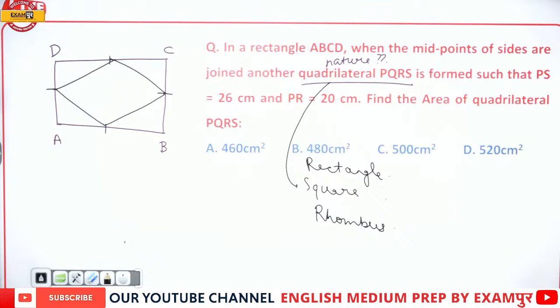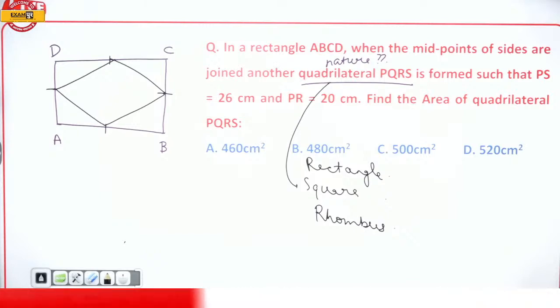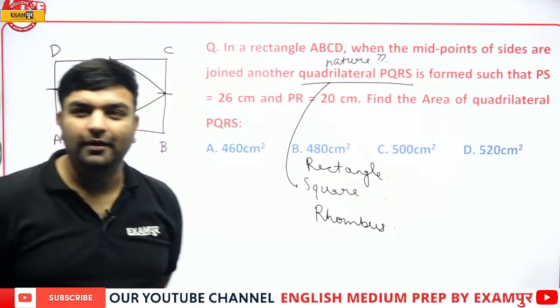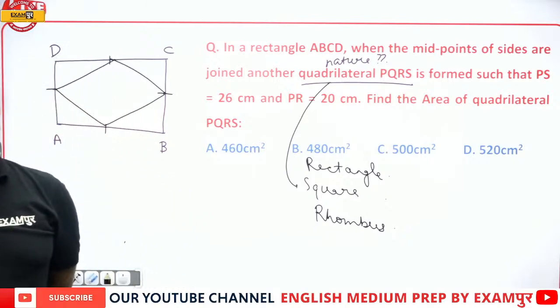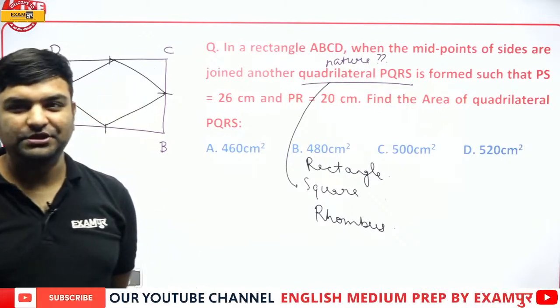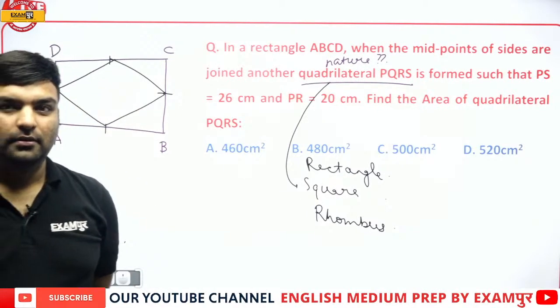It's a square, okay? Ram is giving the answer as a square. It's a rectangle, Kashi, okay.